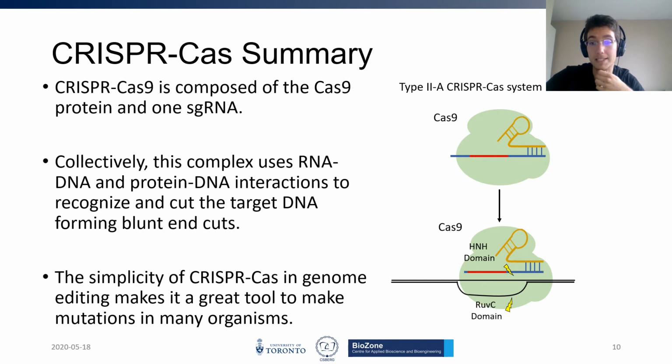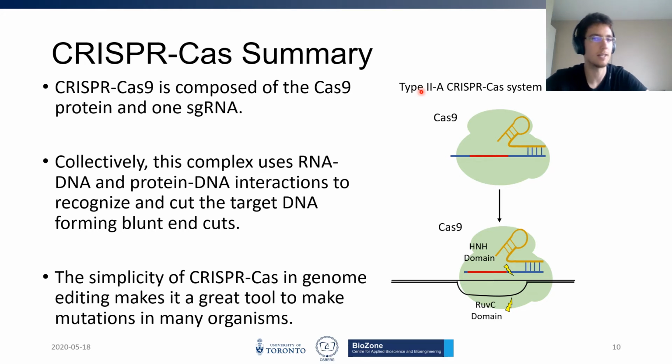So that concludes the rather long discussion on how CRISPR-Cas works. There's just a few points here. I'm calling it a type 2A CRISPR-Cas system. That's what CRISPR-Cas9 is, a type 2A CRISPR-Cas system. I alluded to this before that there are many different types.